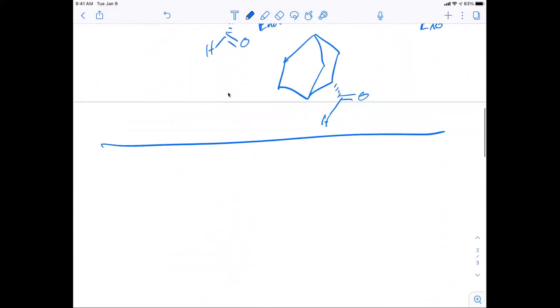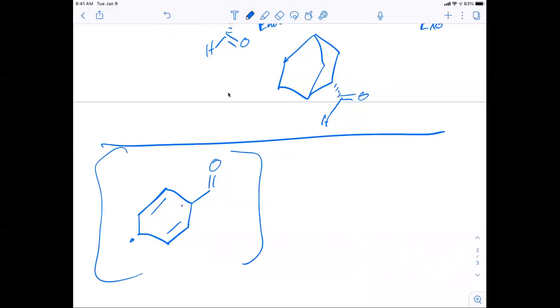The reason for that is that with that electron withdrawing group there, one of the possibilities in the transition state is this radical with the negative.